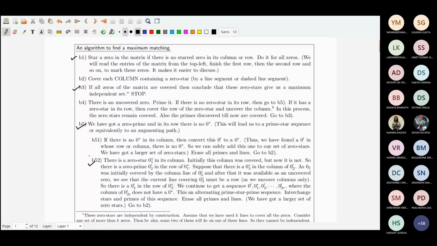Therefore, it is going to give you a prime star sequence. And in that way, then you can increase the number of stars. So it is bound to work. So that is the theorem. The algorithm works correctly.